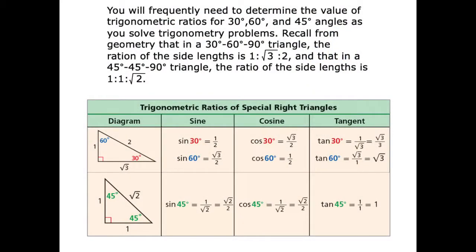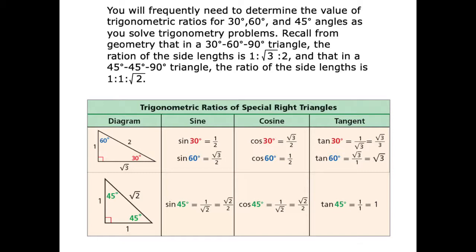Some of the more common triangles that you will see for right angles would be your 30, 60, 90 degree triangles. And another one would be your 45, 45, 90 degree triangles.